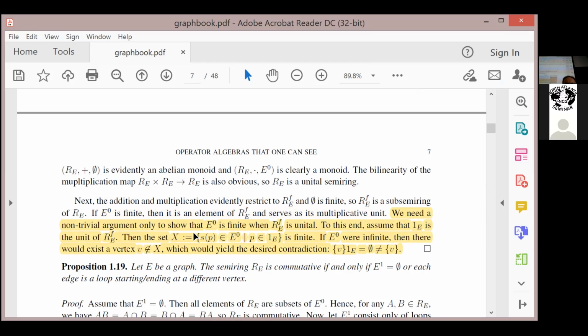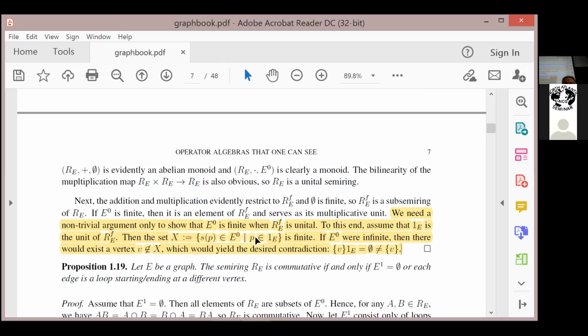And then we define the following set X. This is the set of all beginnings of all paths which belong to 1E. So remember, 1E is simply a finite subset of the set FPE, because 1E is an element in RFE, and RFE is the set of all finite subsets of FPE.